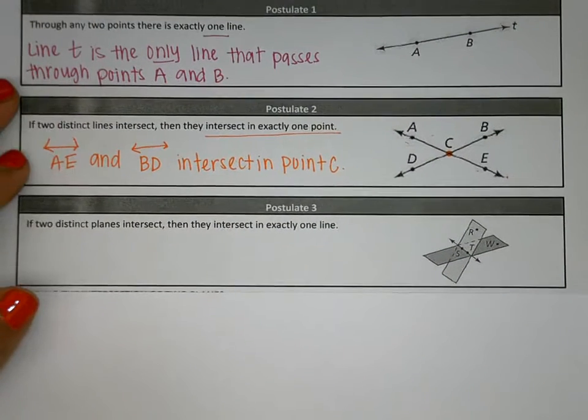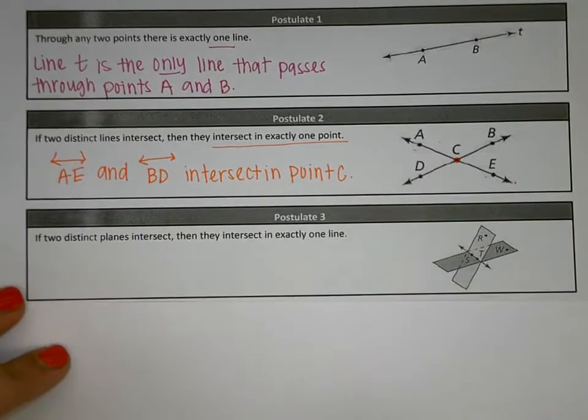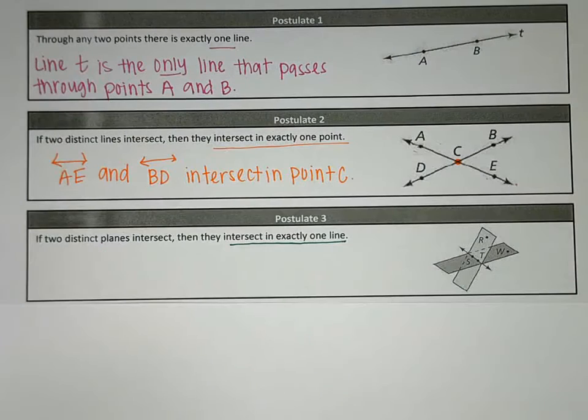If two lines intersect, they only intersect in one point, so it should make sense that if two planes intersect, they intersect in exactly one line. I created this to show you that. On this piece of paper that I punched a hole in, we have the blue plane and the yellow plane. They intersect. What do you notice about where they intersect?